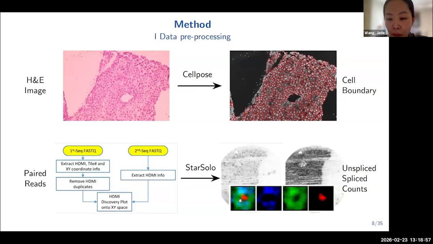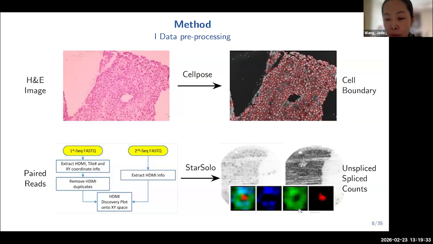This is a figure from the Seq-Scope original paper. If we visualize the mitochondrial gene in blue, the spliced counts density in green, and the unspliced counts in red, I believe we can see the cell structure. There's a cell nucleus, and we can see the unspliced counts pretty enriched there.